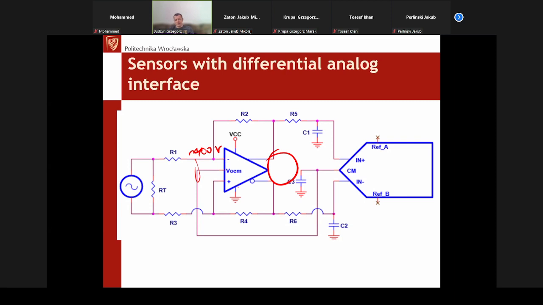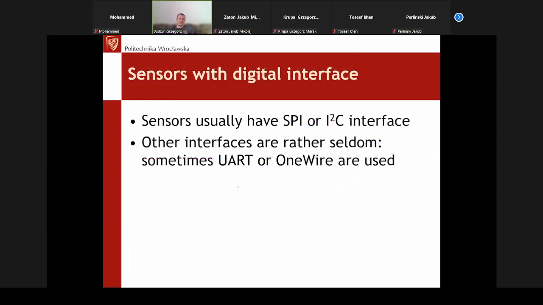And thanks to such a buffer, we are protecting our op-amp, delivering the signal that is within the range safe for the microcontroller.